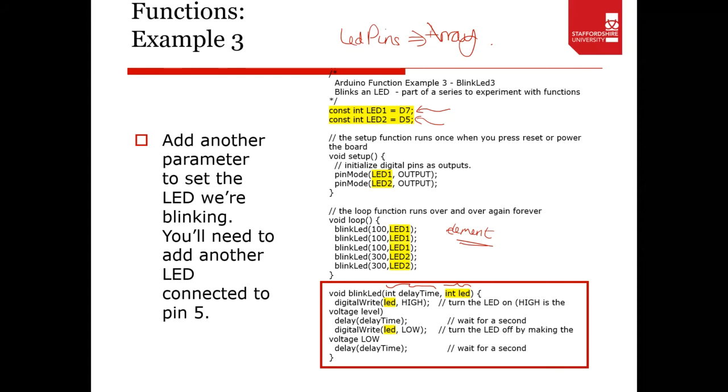So how long do we want the blink for, and which pin are we after? I've chosen lowercase for inside the function and uppercase for outside in the void loop, just to distinguish between the two variables, the capitals, LED1 and LED2.